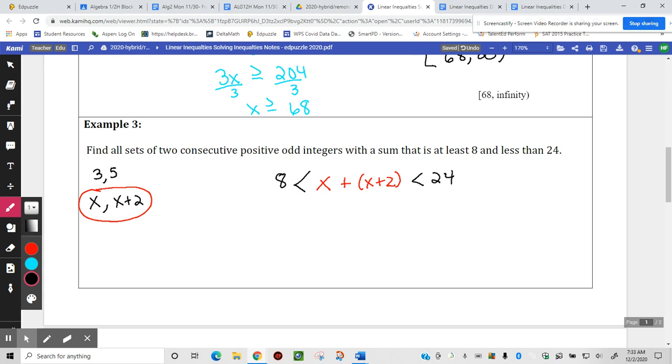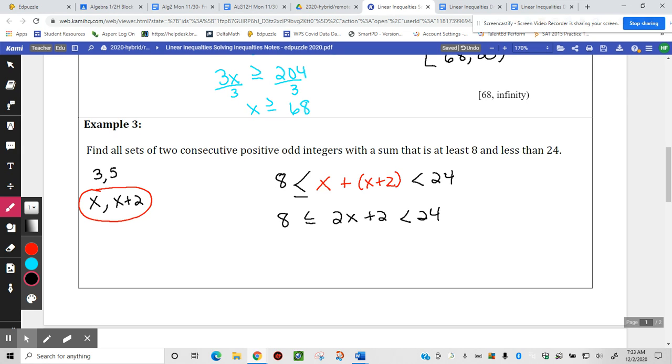Could it be 8? It could be. So it has to be less than 24, and it has to be at least 8. You have to have that equal sign because it could be 8. So I have 8 less than or equal to 2x plus 2 is less than 24.